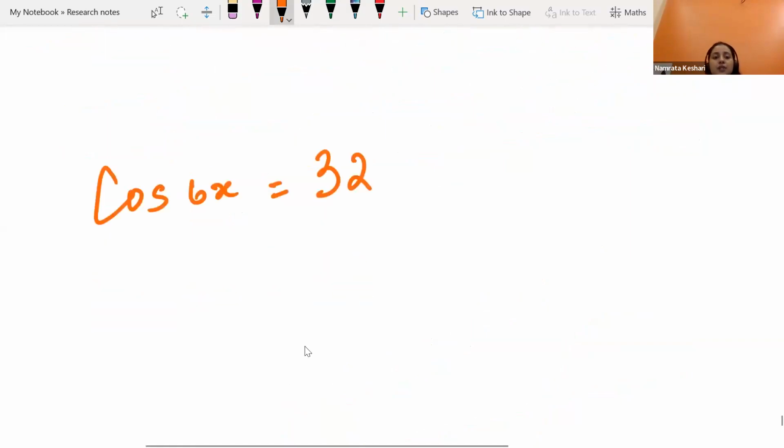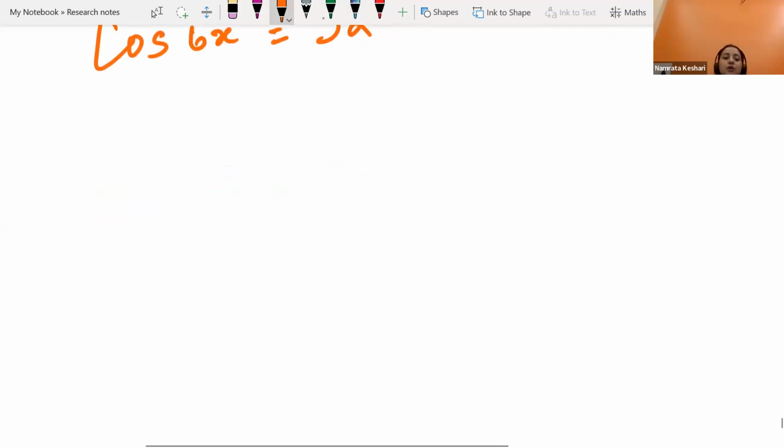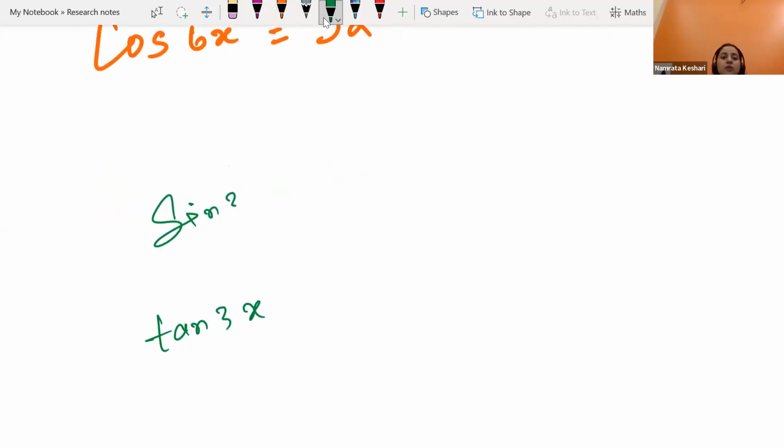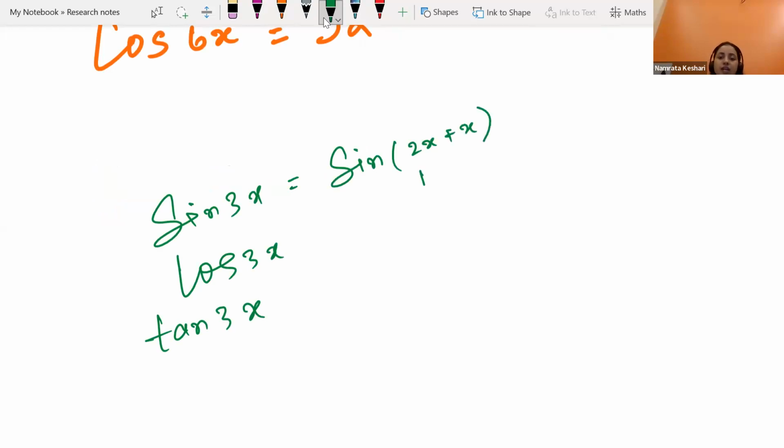Before doing this one, let me tell you there exists a formula for tan 3x also, sine 3x also, cos 3x also. And basically this sine 3x formula we will get from sine of 2x plus x. Let's try finding this formula.